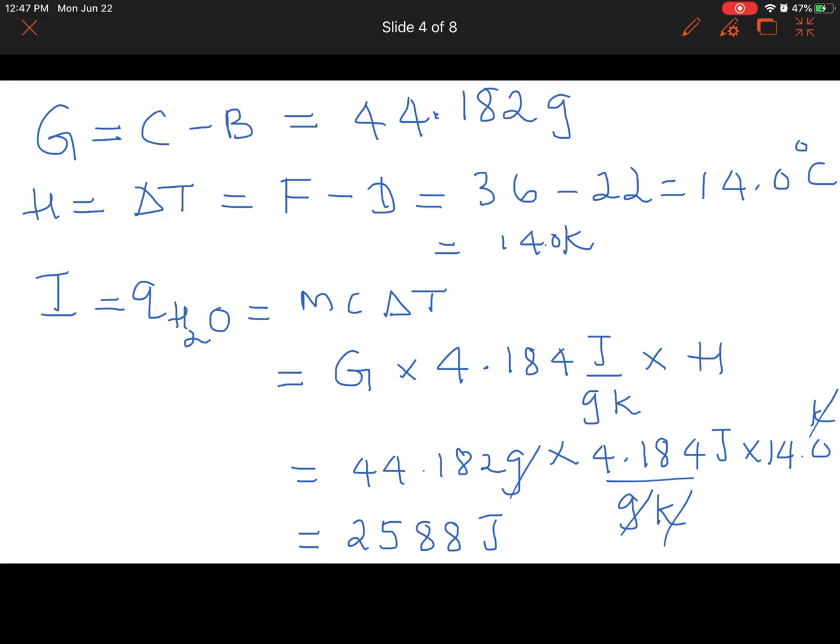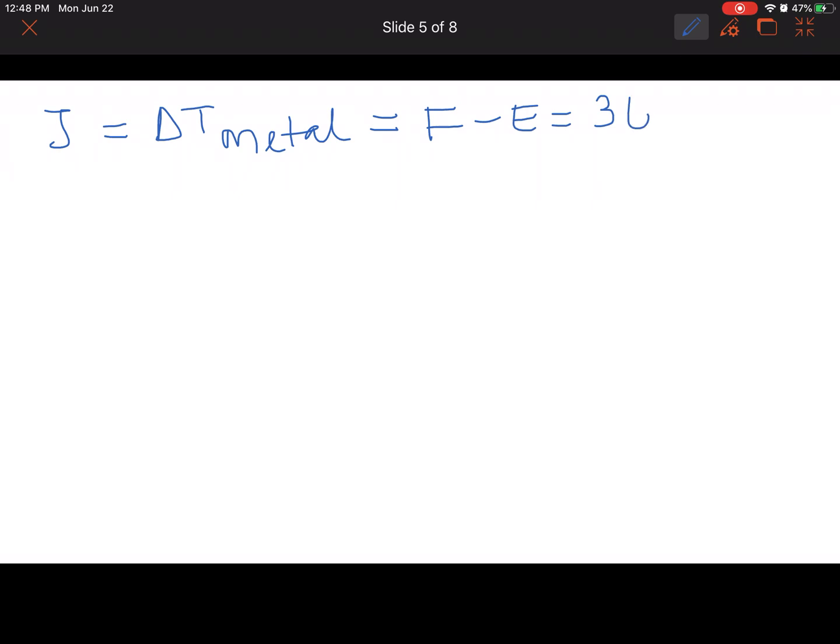Okay, now we did I here, and then J is delta T for the metal. What is the final temperature? Which letter do we have for that? That's going to be F minus E, and your F is going to be 36 minus 100.0.